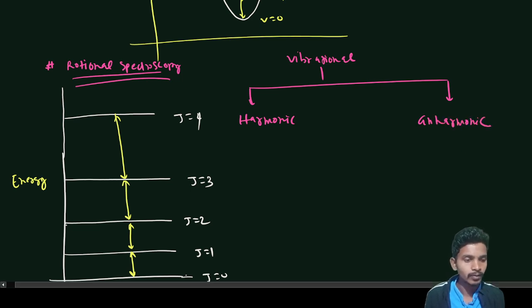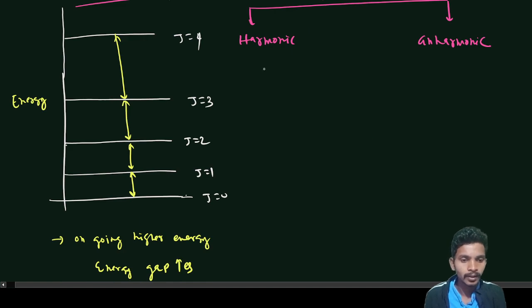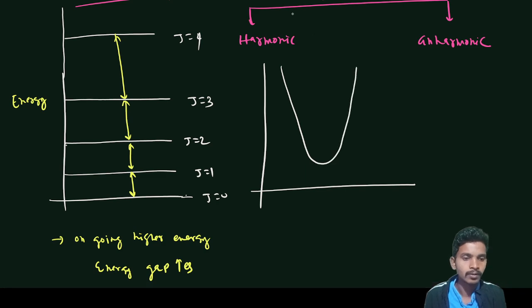So in harmonic, let's say this is v equal to 0, this is v equal to 1, this is v equal to 2, this is v equal to 3, this is v equal to 4, equally placed.